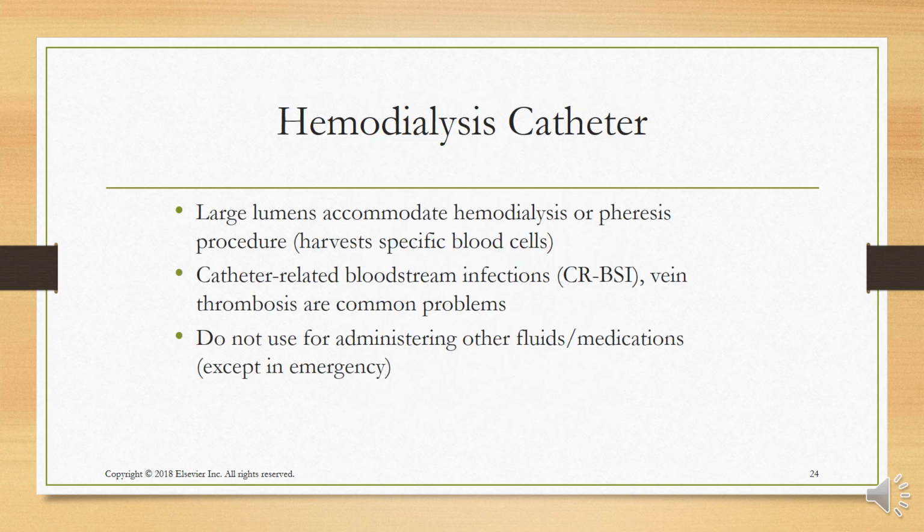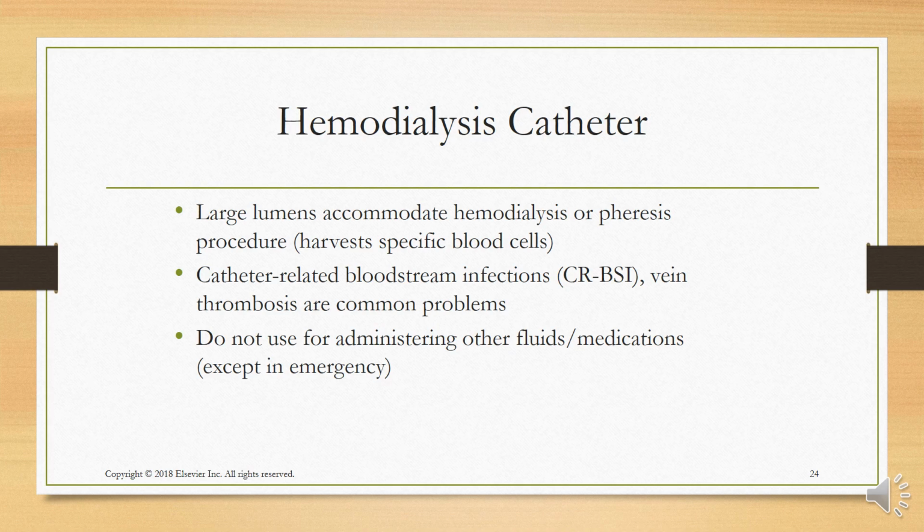So hemodialysis catheters, these are really large lumen catheters, and they are made for dialysis or pheresis. That's where you harvest specific blood cells, okay? So catheter-related bloodstream infections can be a major problem in hemodialysis catheters and also on central lines.